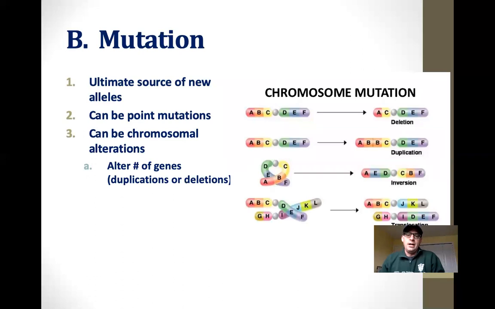Okay. Other types of mutations can be chromosomal alterations that alter the number of genes in a particular organism, either through duplications due to copying errors during mitosis, like you're going to see right here, or deletions that might occur where a portion of a chromosome gets deleted, again, during errors of DNA replication.